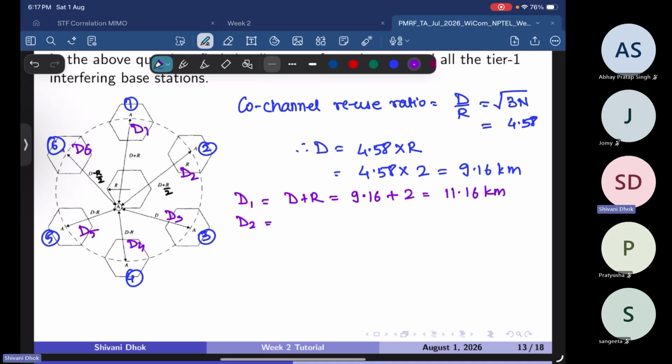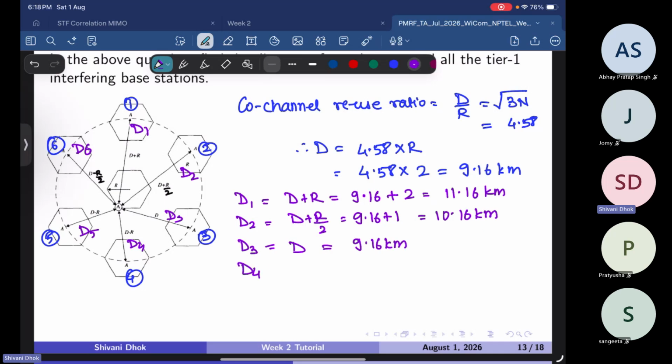Then your d2 is d plus r by 2, these are approximations. This is basically equal to 10.16. So d is 9.16 plus 1, that comes out to be 10.16 kilometers. Then you have d3, which is approximately equal to d. This comes out to be equal to 9.16 kilometers.